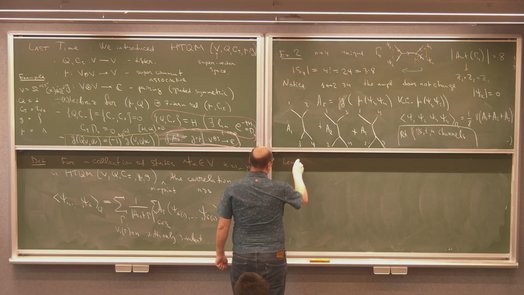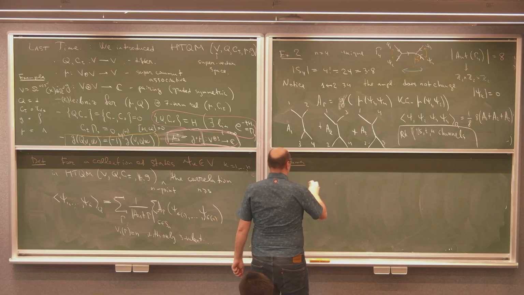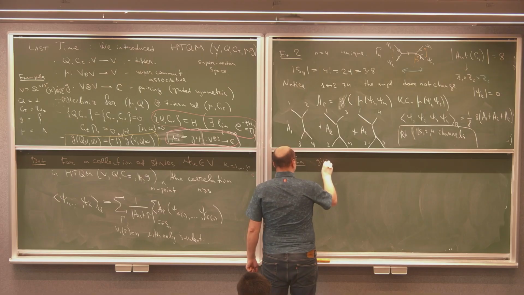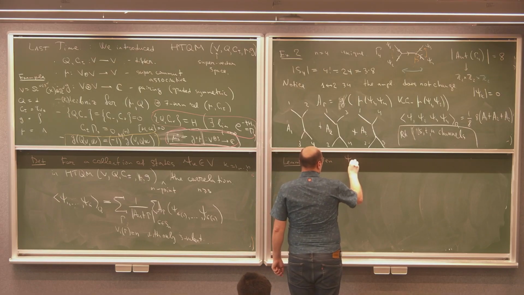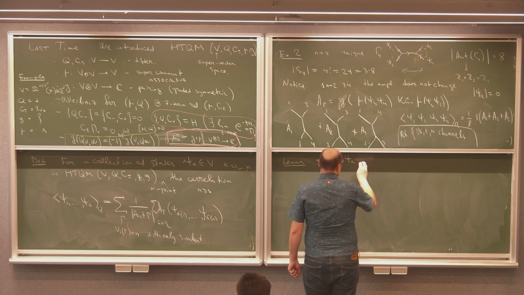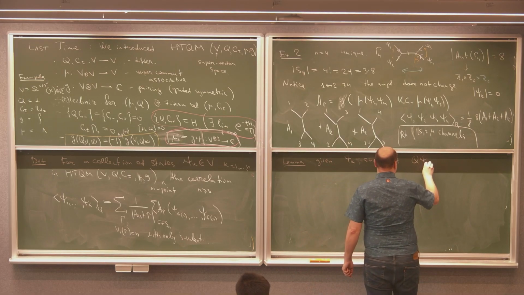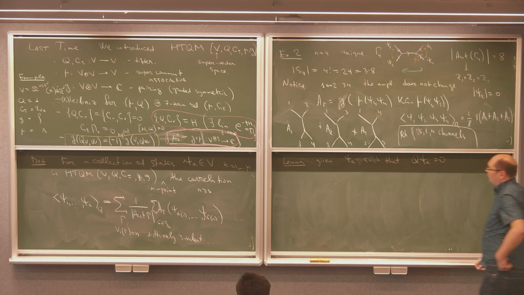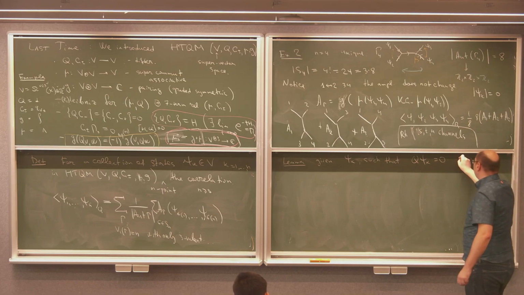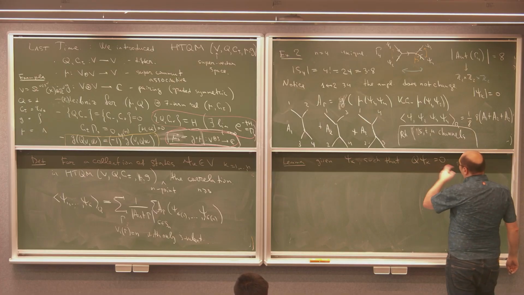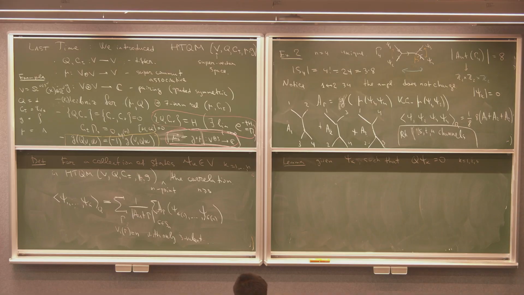Let me start with a simple lemma: given psi k such that q times psi k is 0, so psi k are q closed, k = 1, 2, and 3. So it's being q closed. It doesn't quite imply that they are from V0, but they are somewhat special states: states from V that are Q closed.